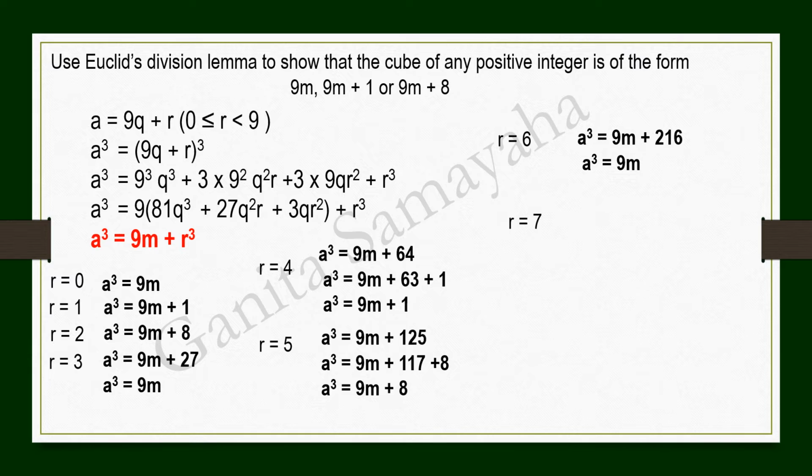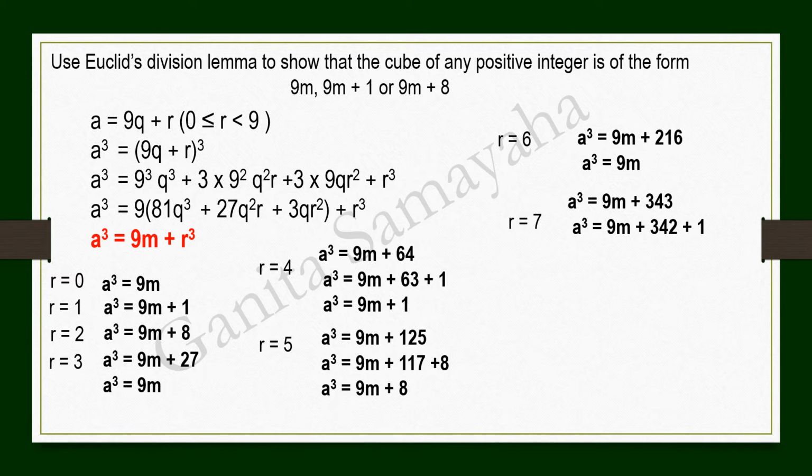Then when r is equal to 7, a cube will become equal to 9m plus 7 cube, which is 343. So a cube is equal to 9m plus 343. So when you add each digit of 343, we get 3 plus 4, 7 plus 3 is 10. So 1 short, isn't it? It has to be 342 that will be divisible by 9. 10 is not divisible by 9. 342, 1 less than that.